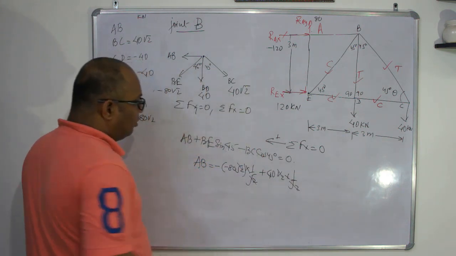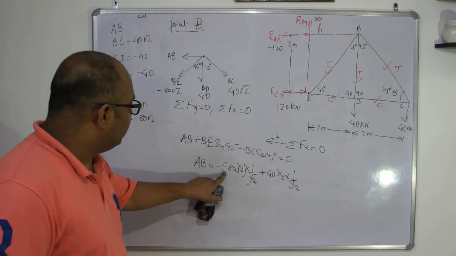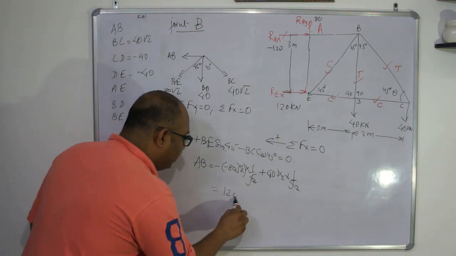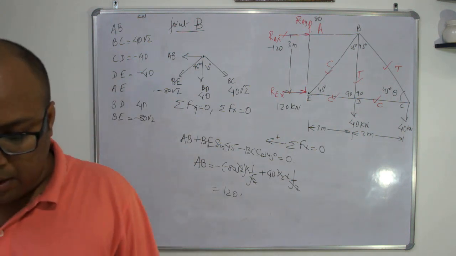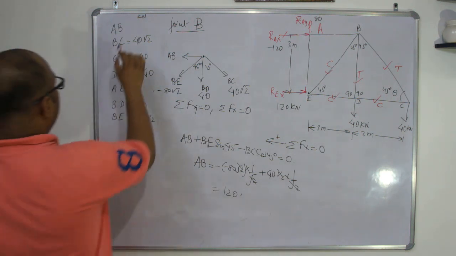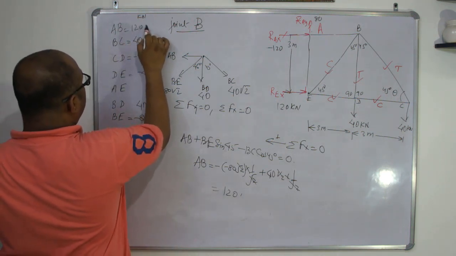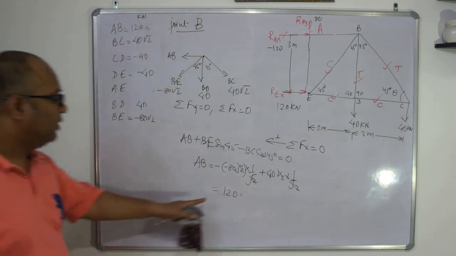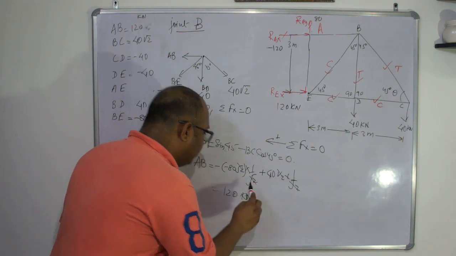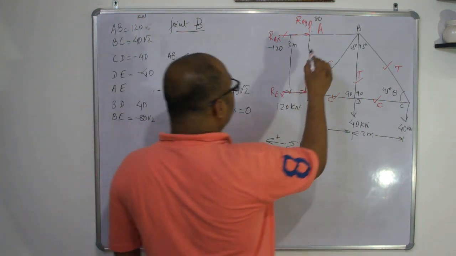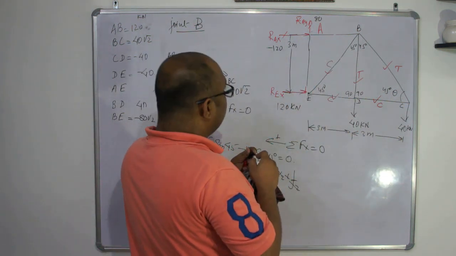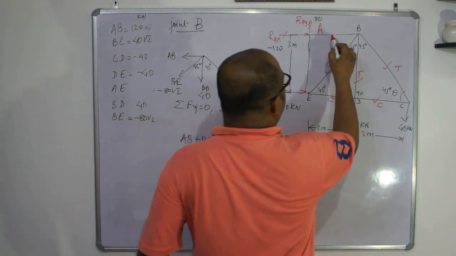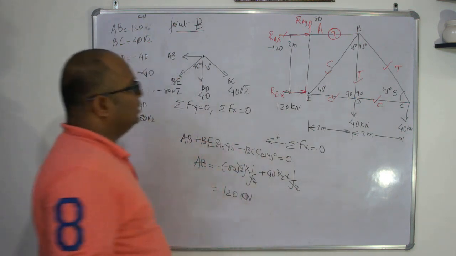So once you solve this, how much will you get? Minus minus plus. So this will become equal to 120. AB will be equal to 120 kilonewton. And because this value is positive, this member is in tension.